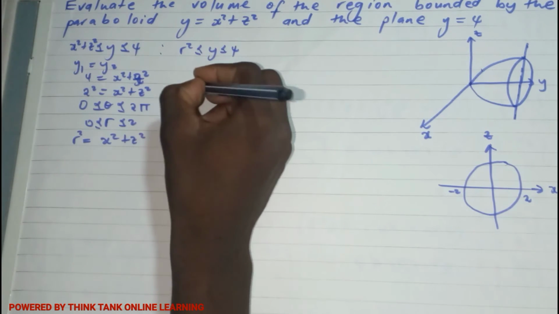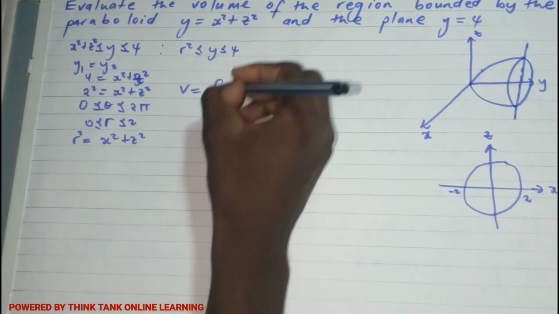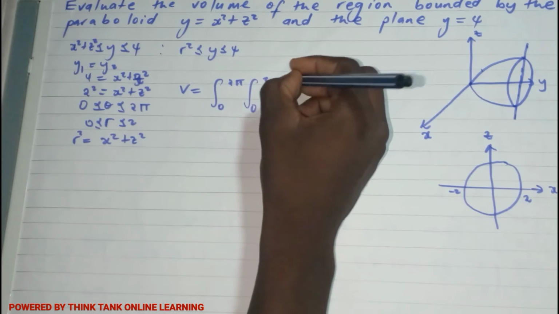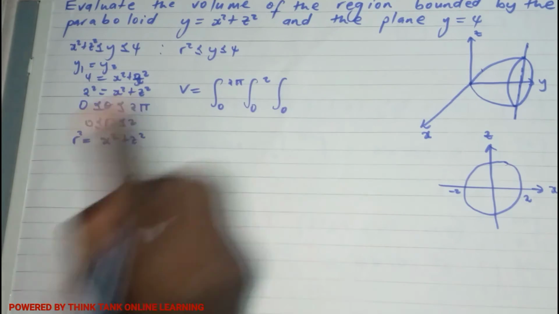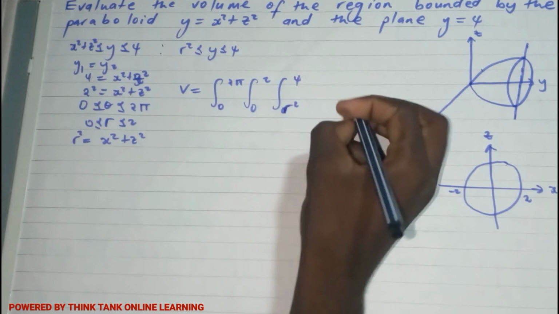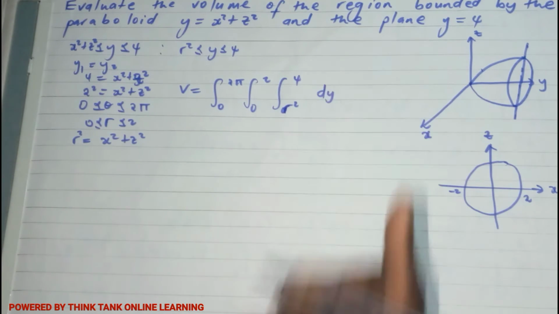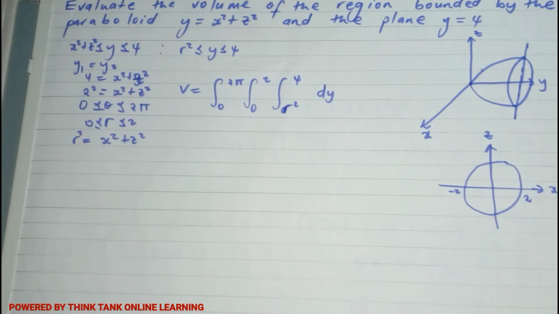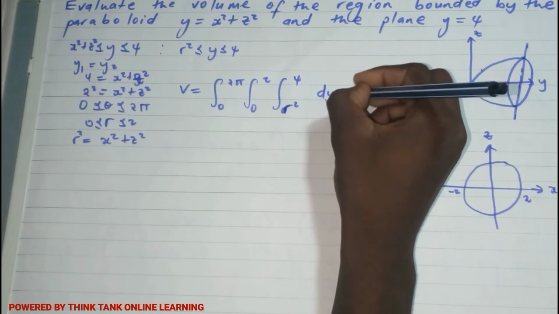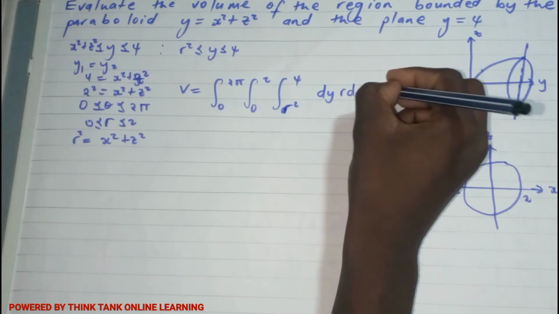I'm going to write the volume: 0 to 2 pi for the angle, 0 to 2 for the radius, r squared to 4 for z, then dz, and dx dy becomes r dr d theta.